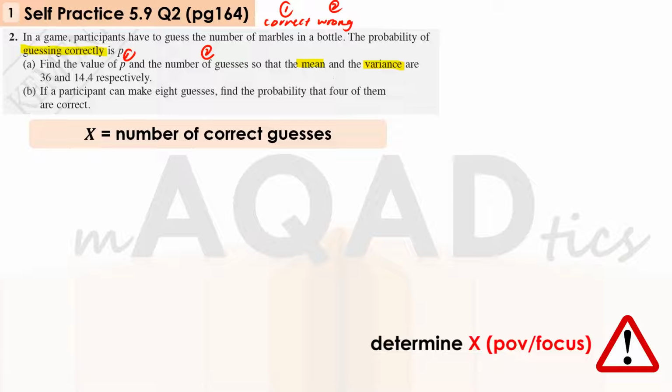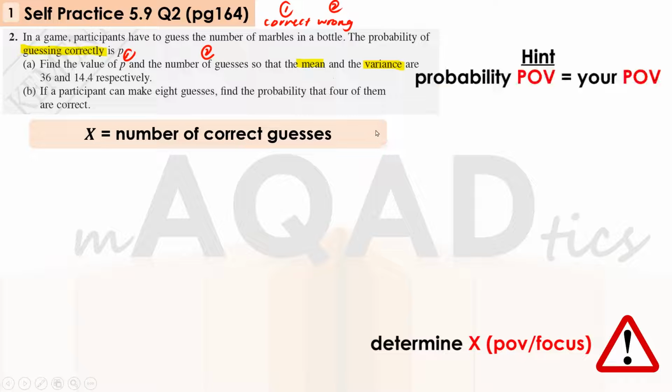If you're confused on which point of view to set for your X, a hint is you can take from the probability given in the question. So the probability given here is the probability of guessing correctly, so my point of view here would be X is the number of correct guesses.